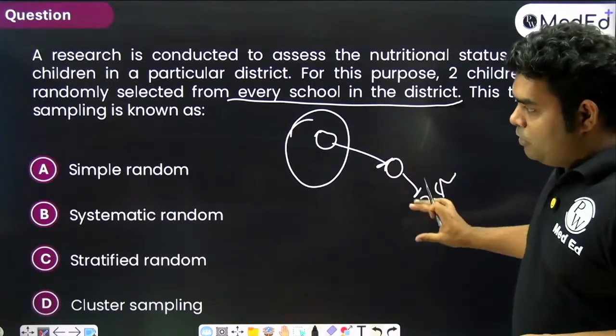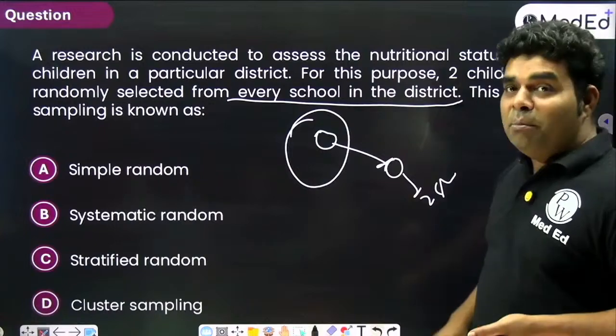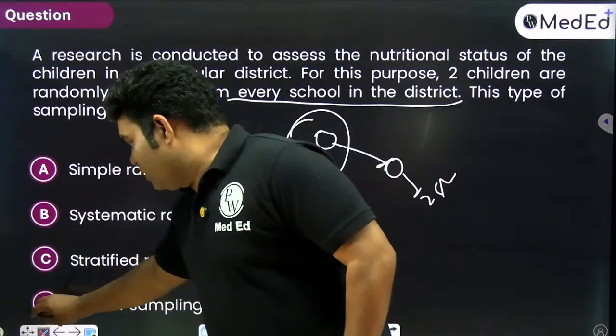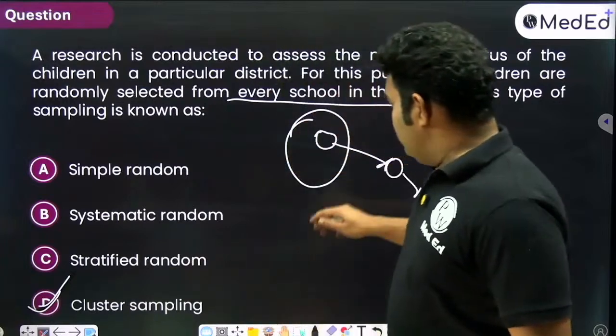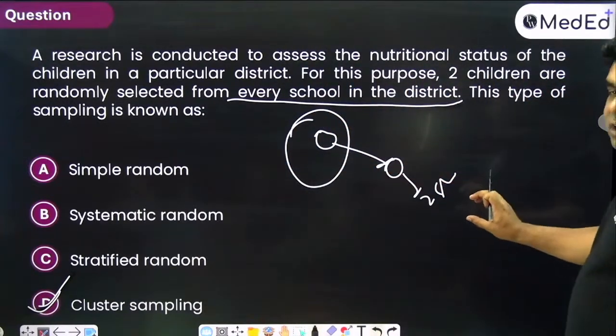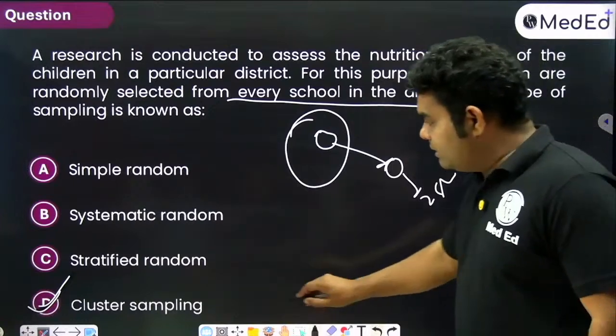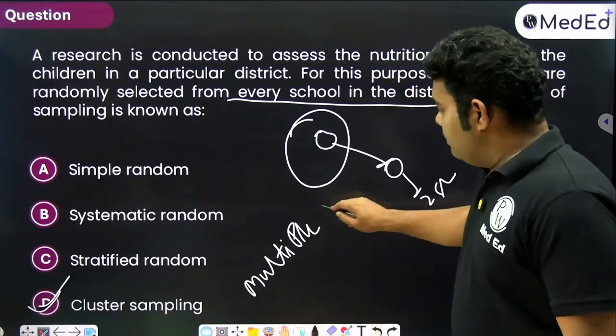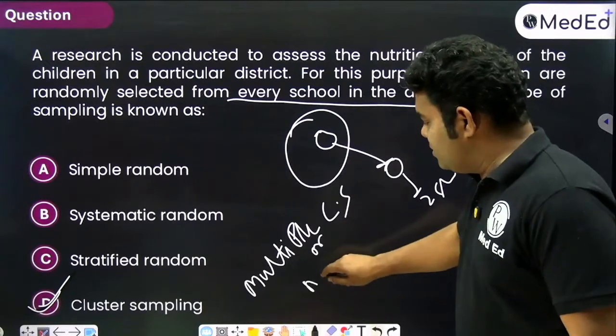So what are they doing here? They are doing multiple cluster sampling. So out of the 4 options, you can choose cluster. If you are choosing a district from a big state, and from the district you are choosing some schools, the correct answer will be multiple cluster sampling. And the other name of multiple cluster sampling is multi-stage random sampling.